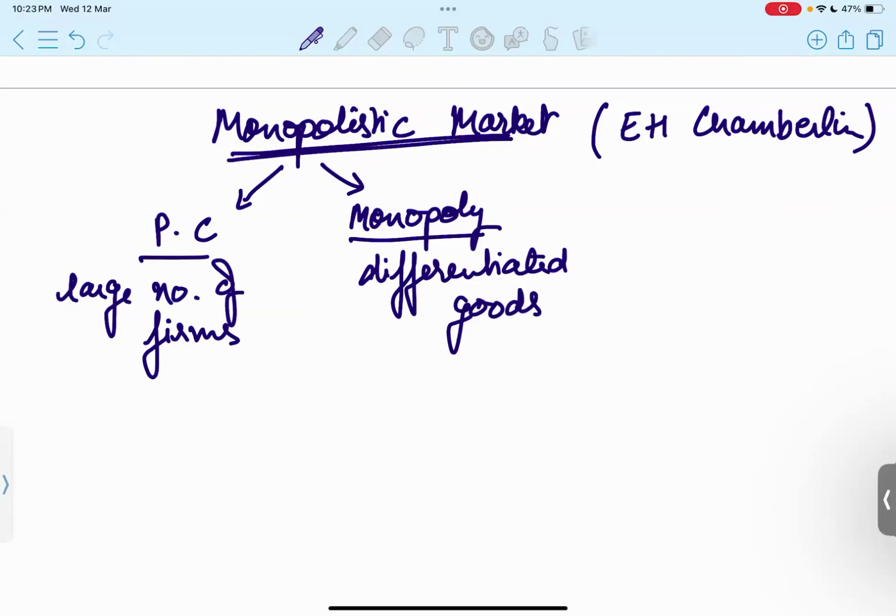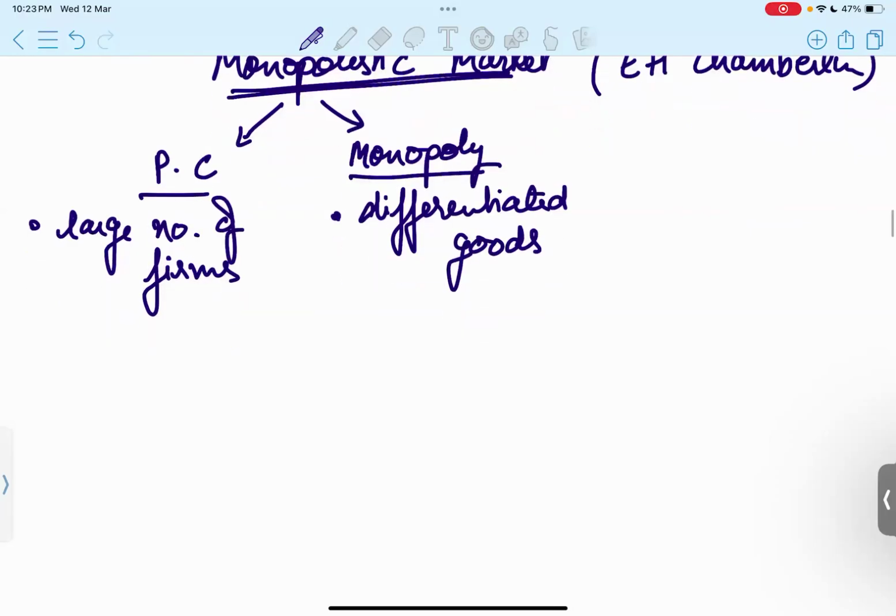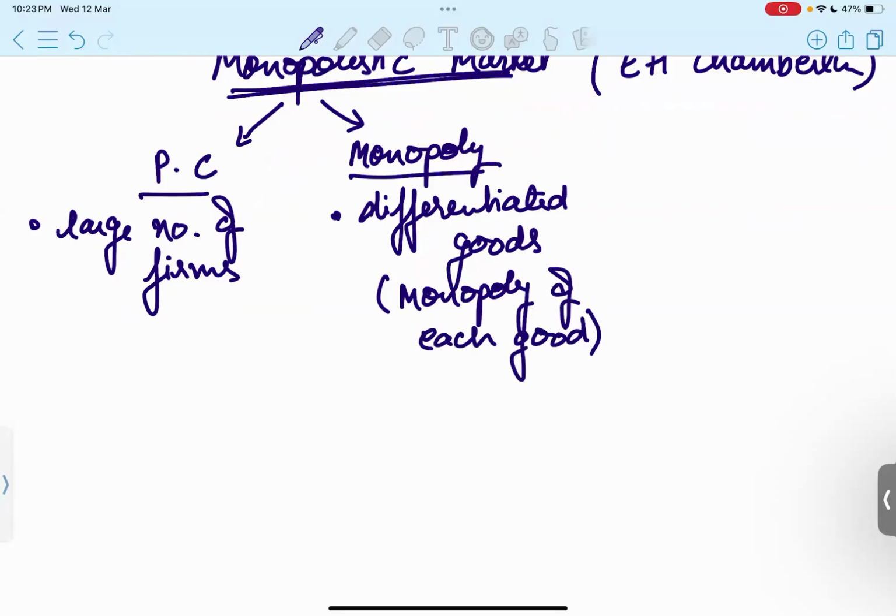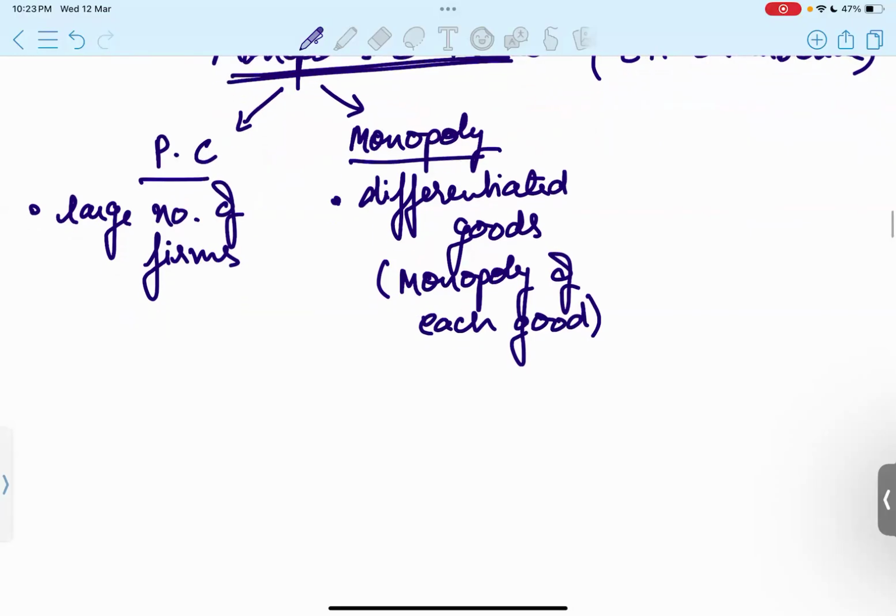All these features become part of the monopolistic market. So there is, we can say, a monopoly of each good that is produced under the monopolistic form. And here it is subject to competition from close substitutes.